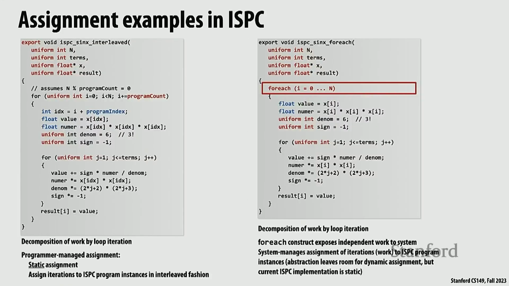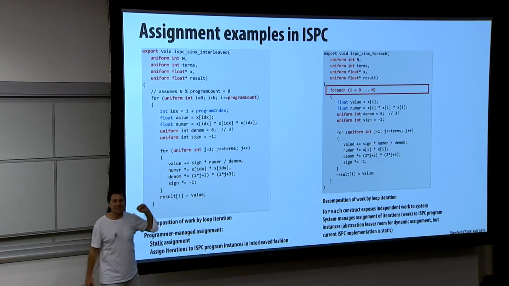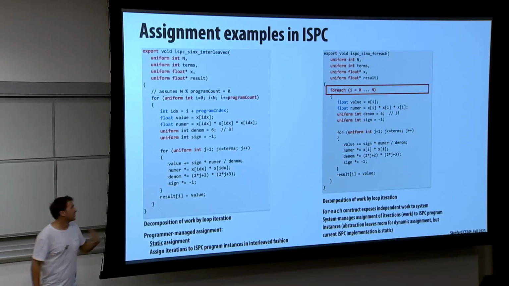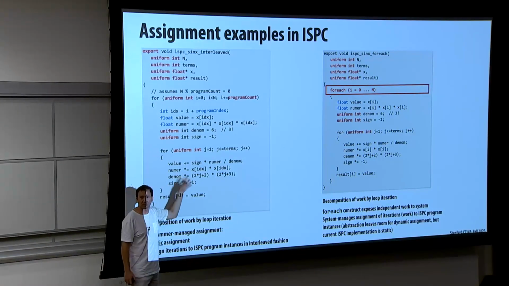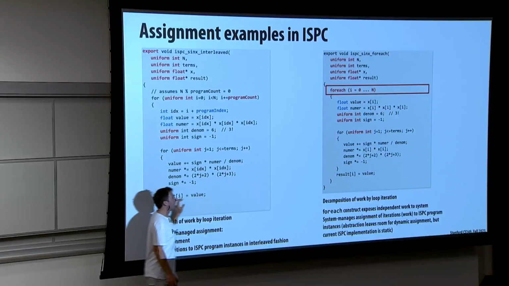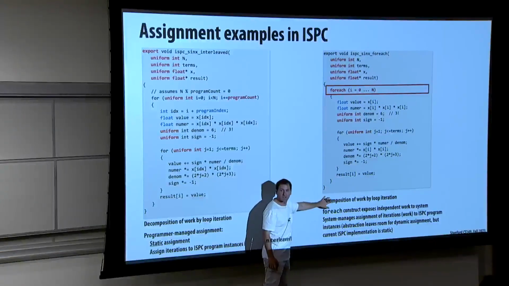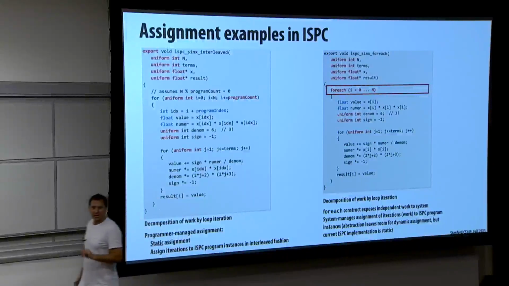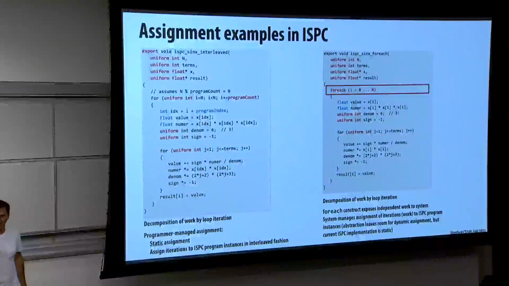For example, earlier in this lecture, I wrote two different ISPC programs where in this program, I assigned loop iterations to program instances. I wrote this code, so I decided that this program instance was going to do this iteration. I assigned it. I gave you a different version of the code where I said, ISPC, I'll let you do the assignment. I trust you to do as well or better than me.